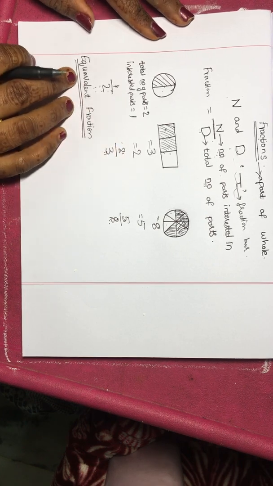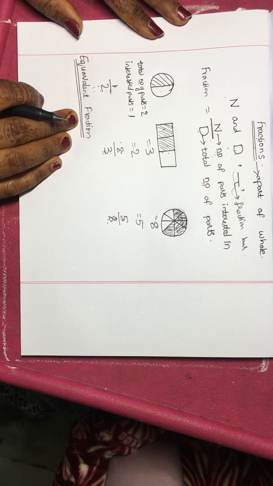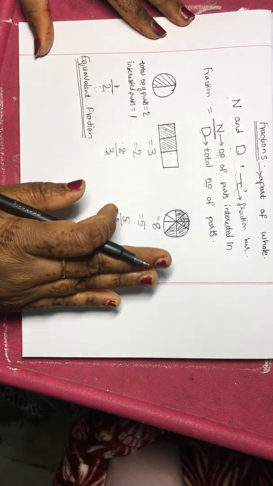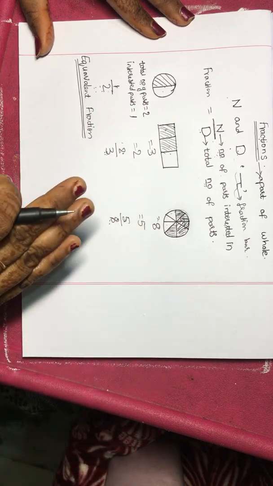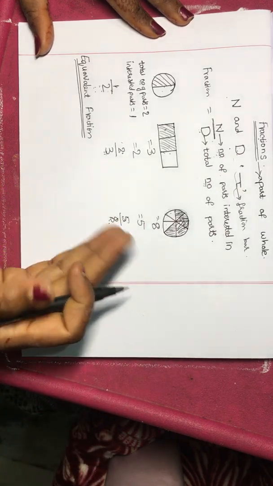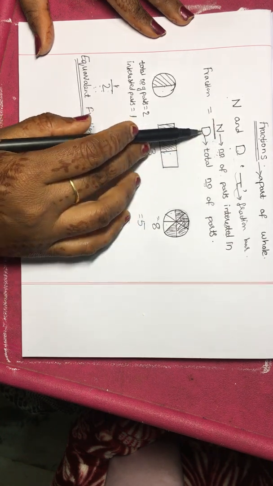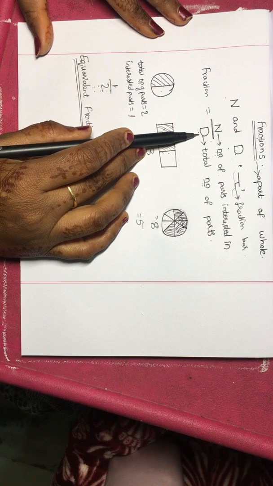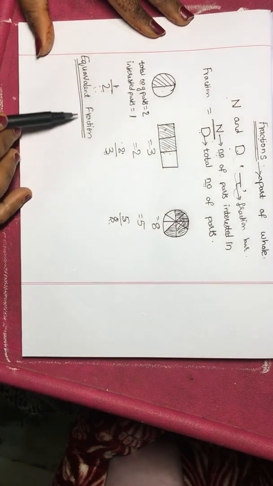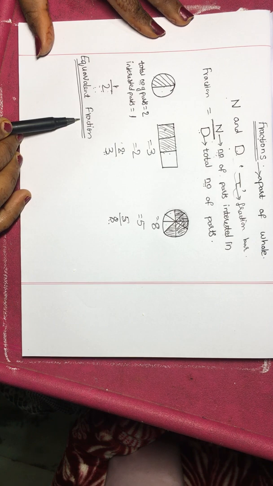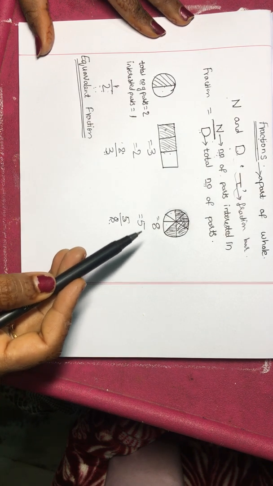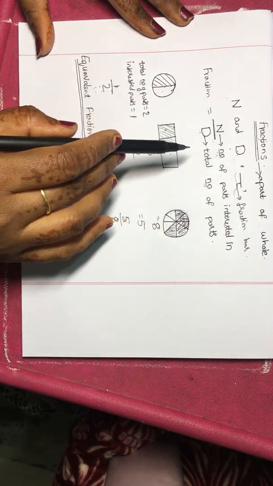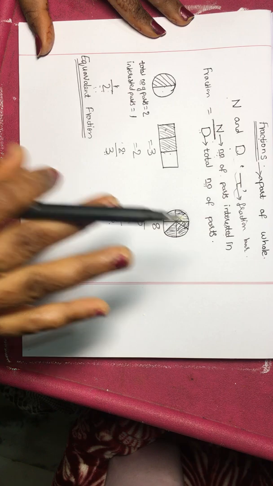To get equivalent fractions, we must multiply or divide the numerator and denominator by the same number. To get equivalent fraction, we must either multiply or divide the numerator and denominator by same number.